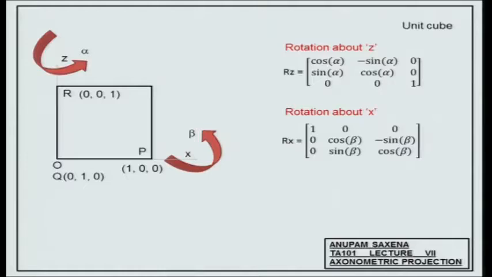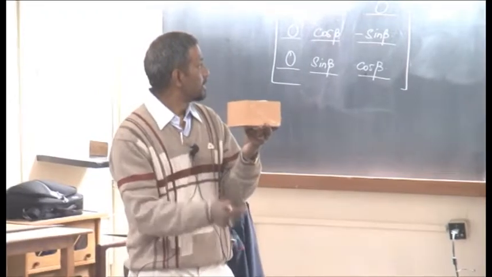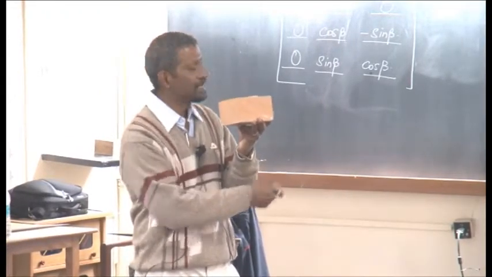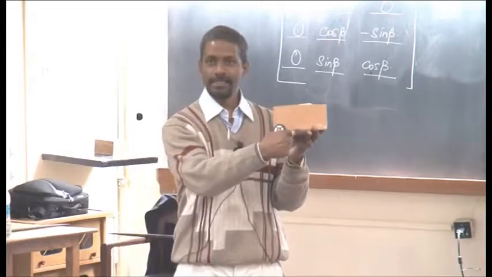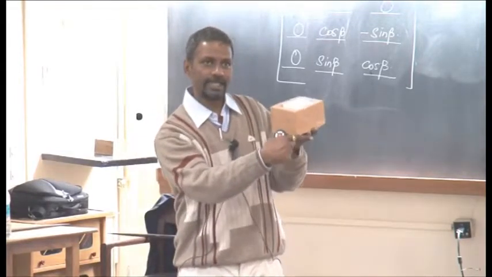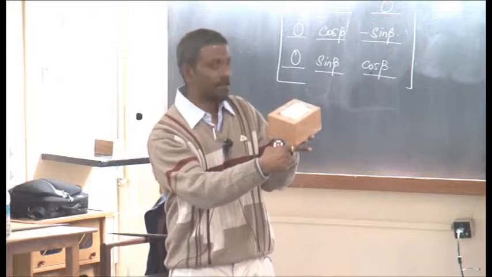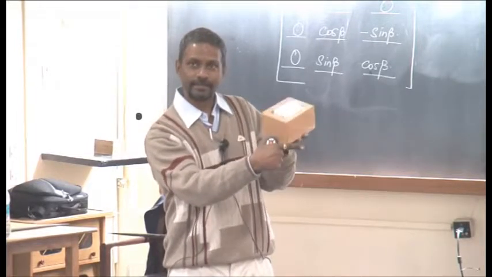Let's come back. A single plane, rotation about z by some angle. That rotation matrix is given by R of z. And then this is my x axis, rotation about the x axis. The second matrix gives you the rotation.